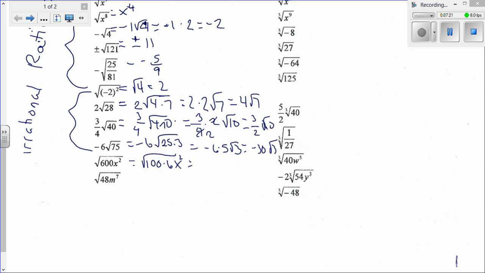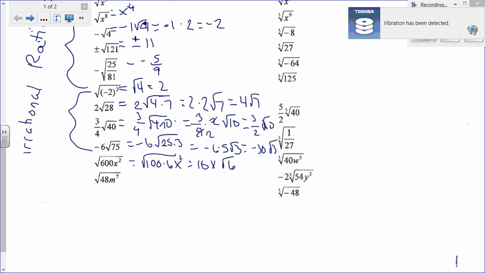And the square root of 100 is 10. The square root of x squared is x, and 6 can't be simplified, so it stays 10x times radical 6.